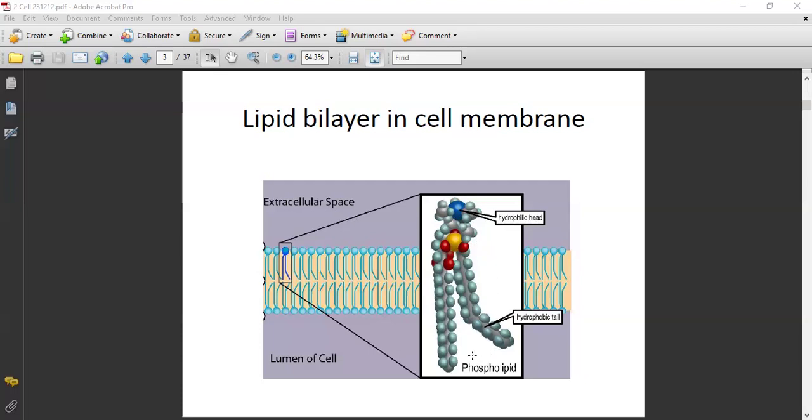This phospholipid has two fatty acid tails. These two fatty acid tails are hydrophobic. They don't like to interact with water. So they will face each other.